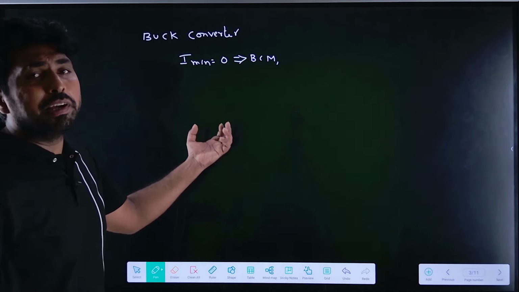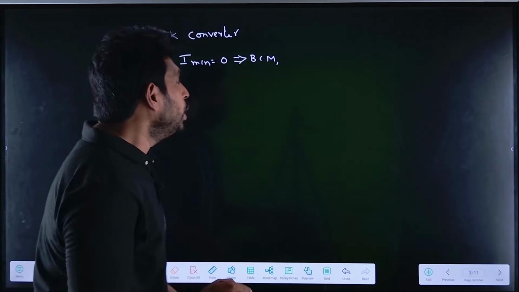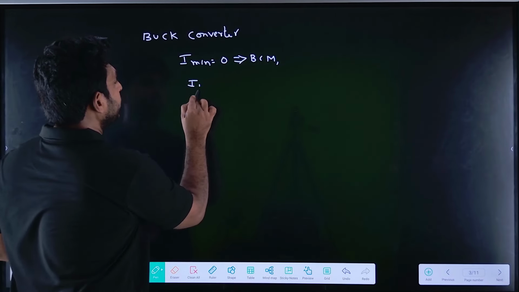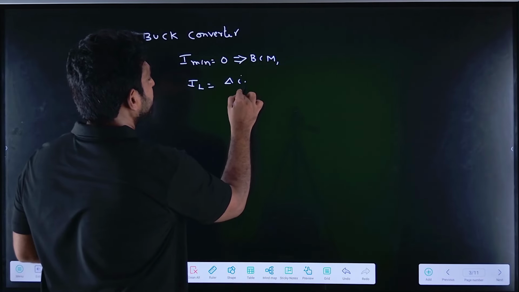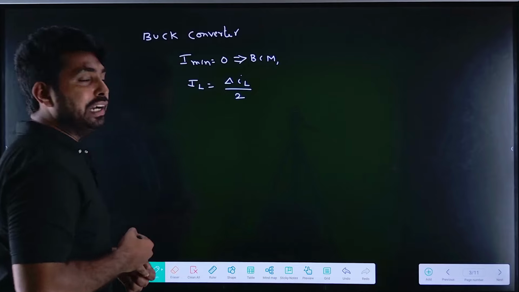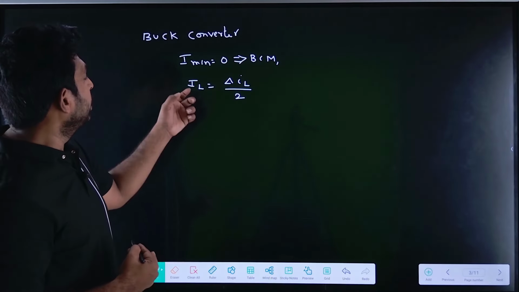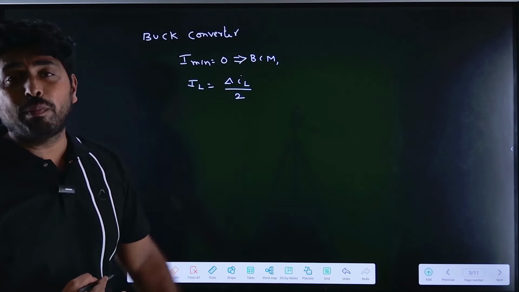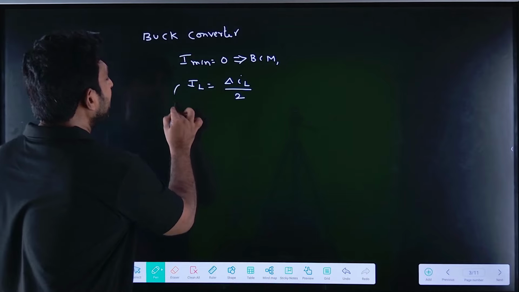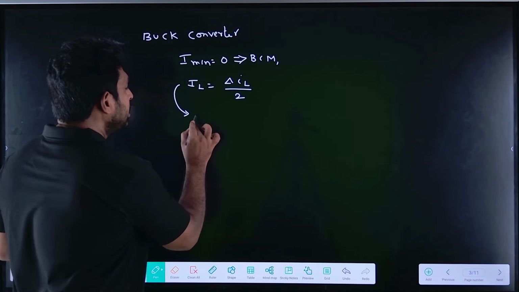So I minimum equal to IL minus delta IL by 2, so that IL equal to delta IL by 2. Right? So what is the IL value in case of buck converter? In case of buck converter, IL equal to I naught.